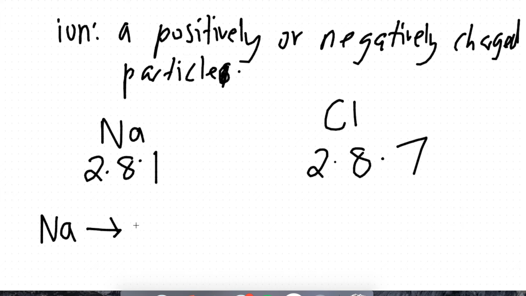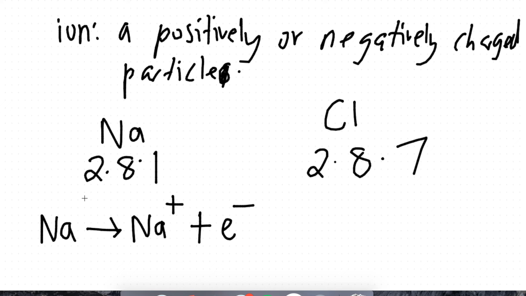Sodium metal becomes a sodium ion, Na plus, and because we've put a plus over here, we need to add one electron. What does this mean? This sodium ion plus this one electron gives us sodium metal.